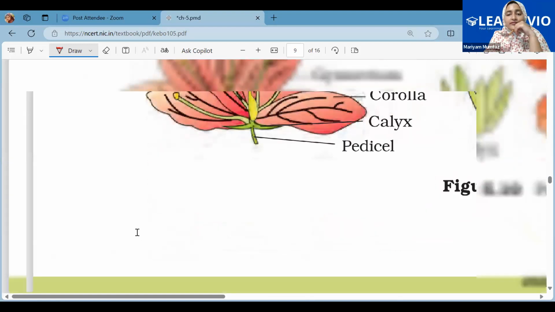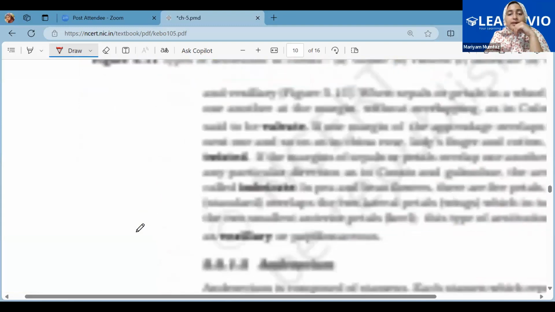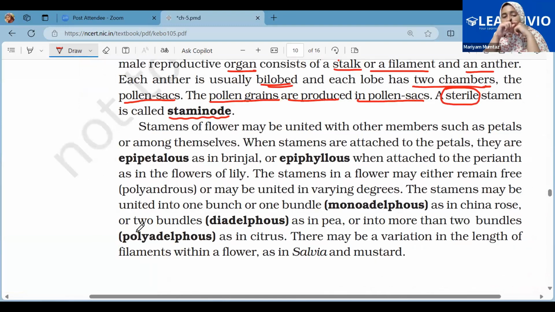Whenever the stamen is attached on top of a petal, there is a term we use for it. The stamens are attached to the petals and we call it epipetalous. Epi means on top, petalous means petal.